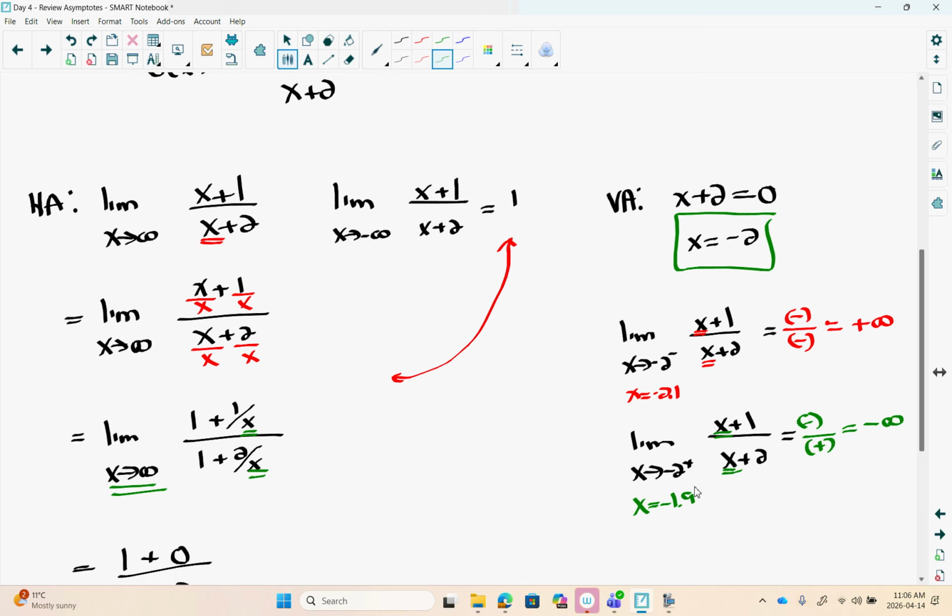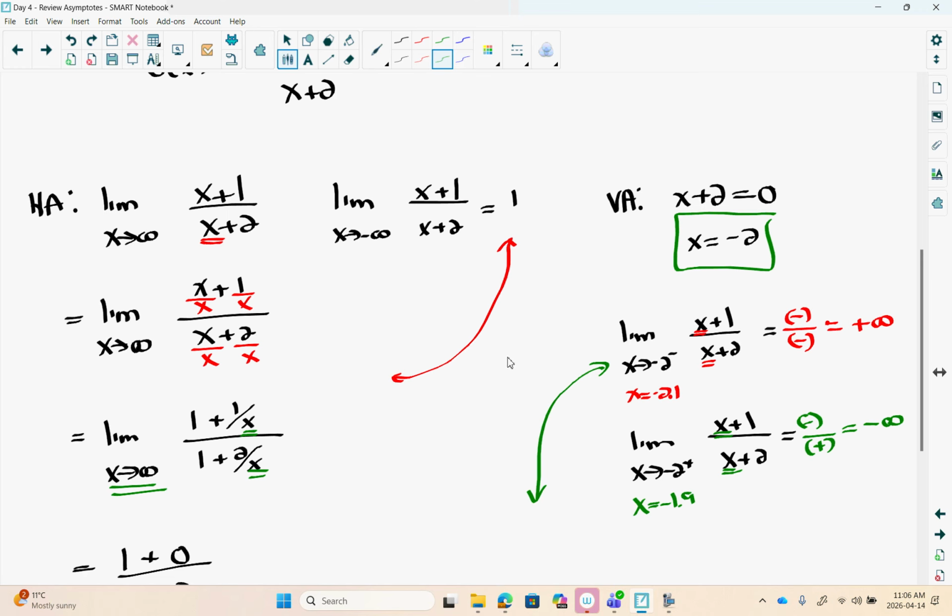Infinity. Because I can actually make that number smaller by going closer to negative 2, like choosing x equals negative 1.99. That would give me an even smaller number than if I choose x equals negative 1.9. And that would mean that on the right, as I approach negative 2 from the right, my y values would be getting smaller.